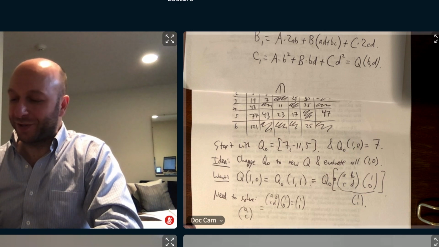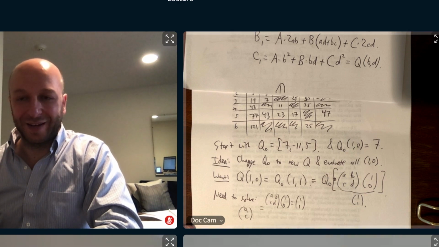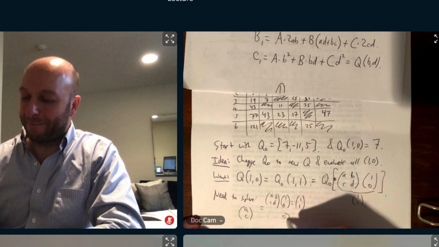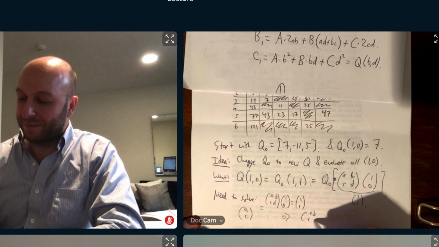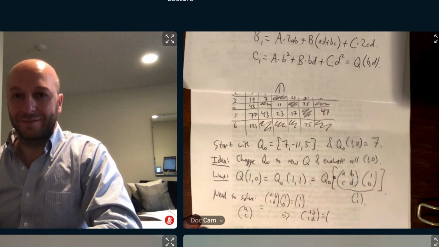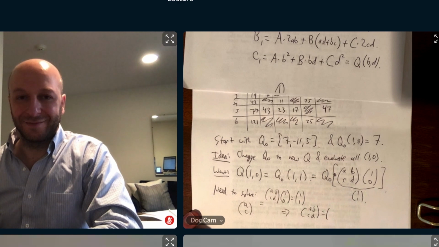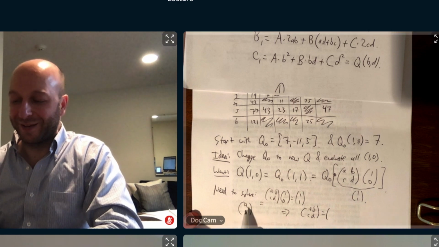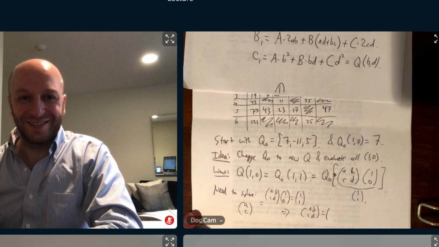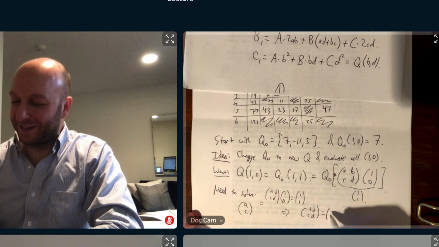So what matrix can we use for that? Well, what does A have to be? One, and C has to be 1.